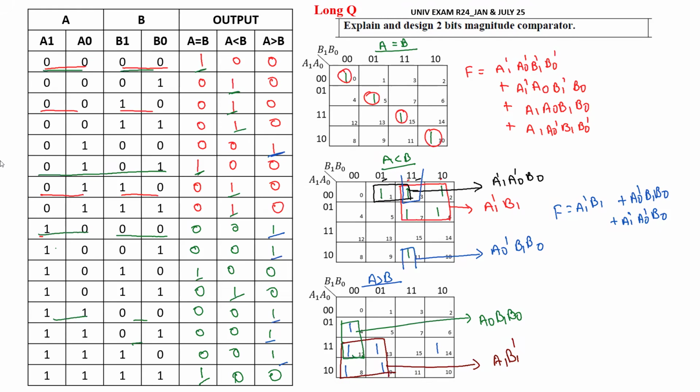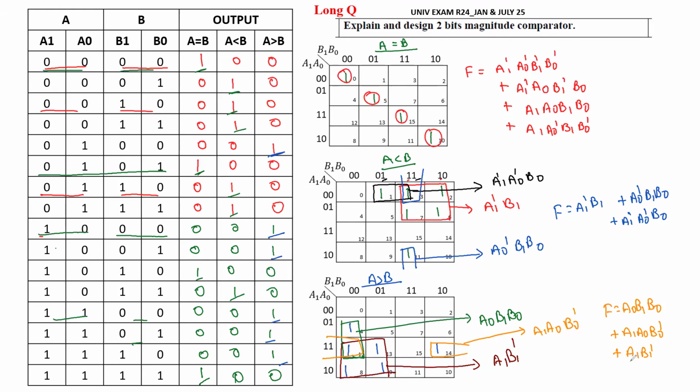Again, one more is left. For that, you can use the symmetricity. This one, this one. So finally, for this, what is the value? Row wise, we have A1, A0. Column wise common is B0 dash. Okay. So finally, here F equal to A0, B1, B0 plus A1, A0, B0 dash plus A1, B1 dash.